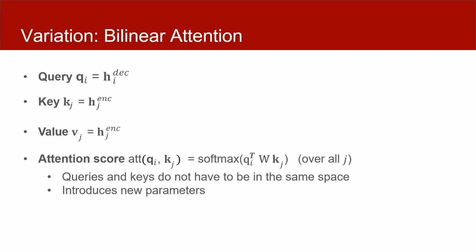And then we have the bilinear attention. Here the only difference is that we multiply the keys by a weight matrix before we do the dot product. So now the queries and the keys don't have to be in the same space. And we're introducing more parameters to the network. So now we have more trainable parameters, but we need more computation power.